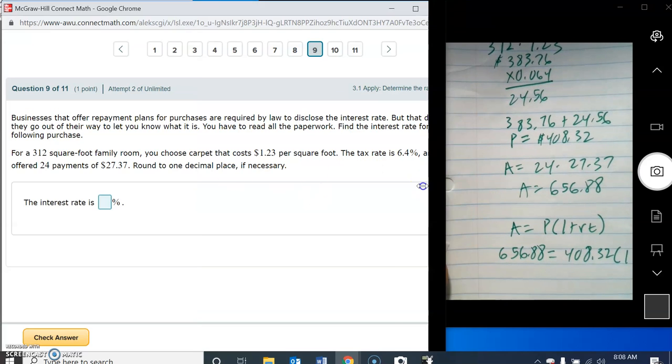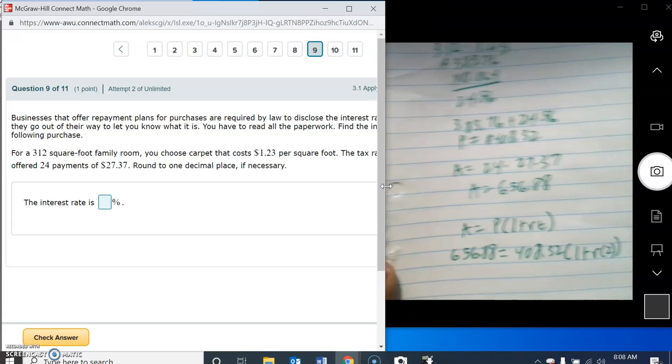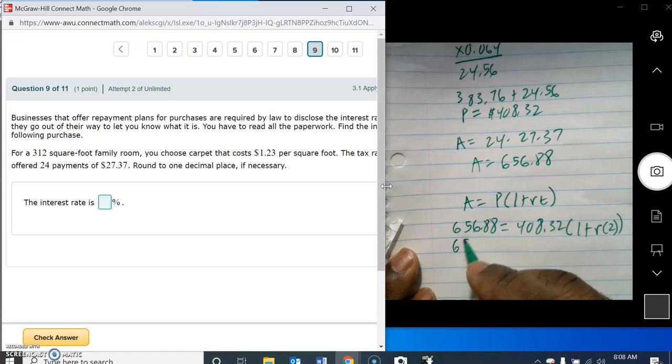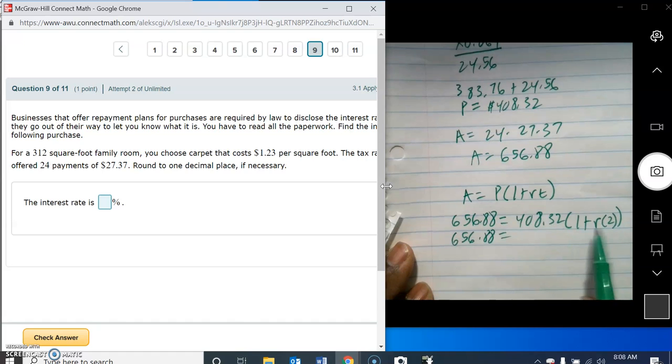Now, we would take this value here, 656.88, and we would take this $408.32 and multiply it by what's inside this parenthesis.